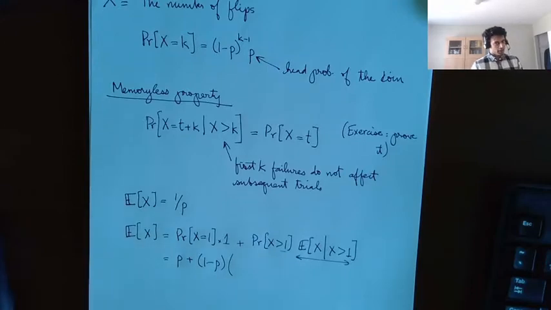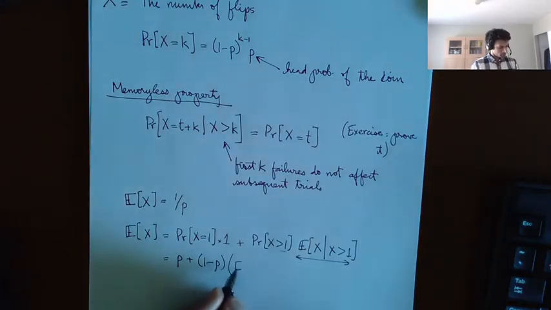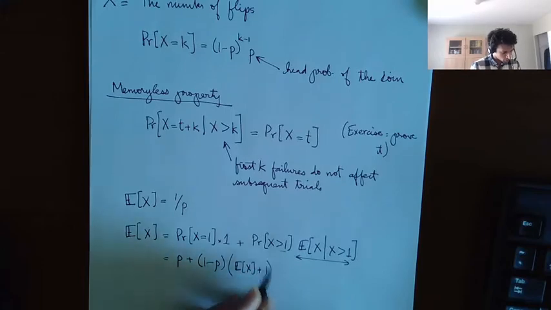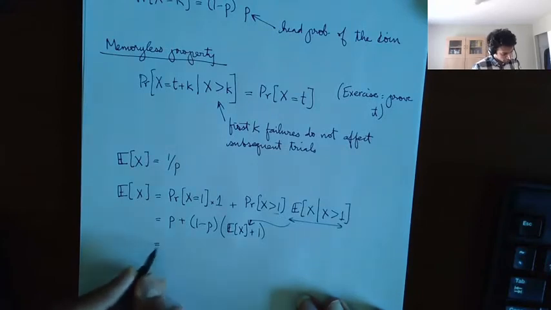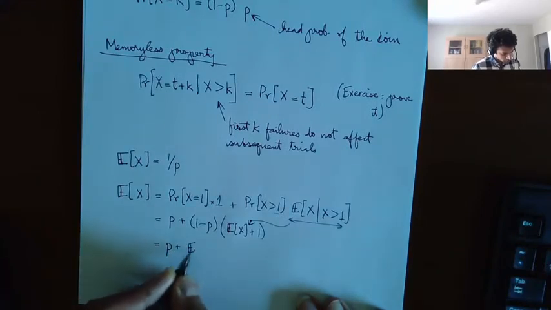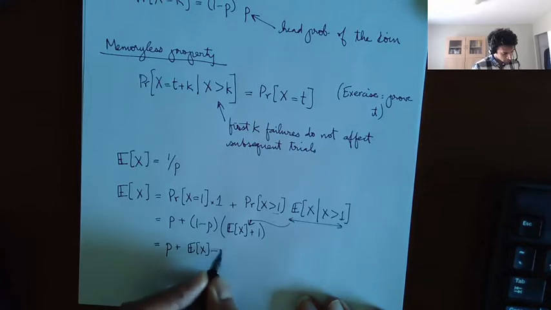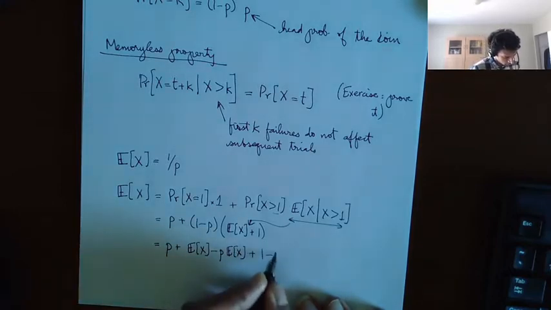It's not E of X, it's E of X plus 1, because the first trial was a failure. If you just put E of X over here, you will get an incorrect bound. So let's crank this out. That's p plus the expectation of X minus p times the expectation of X plus 1 minus p.